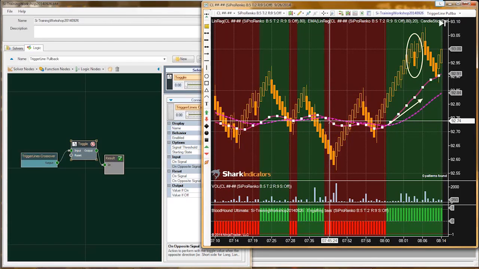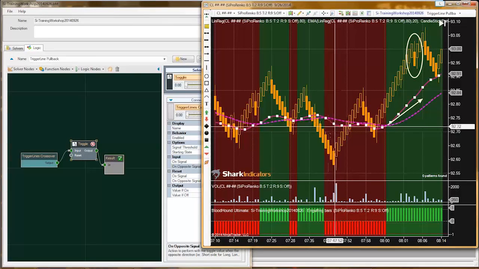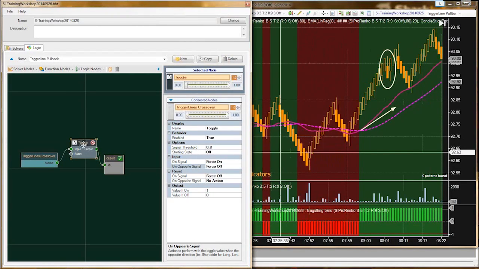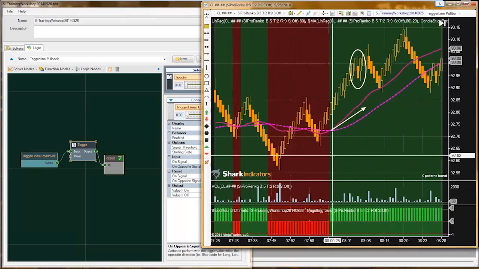And vice versa, when the faster moving average is below the dashed line, the slower moving average, we're in a short state, like so. So essentially this toggle node created a comparison solver, and we could do the same thing with a comparison solver, and it would only take one node.